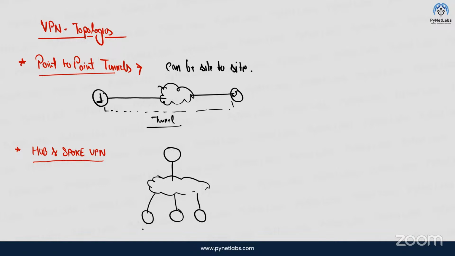Let's say this main branch office has three sites, customer site A, customer site B, and C, connected over the internet using point-to-multipoint links. In hub and spoke, we can define point to multi-point links so that you can reach from one branch to another branch. So this is one thing.